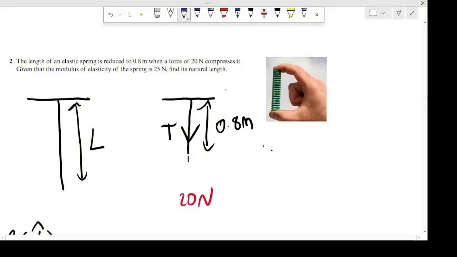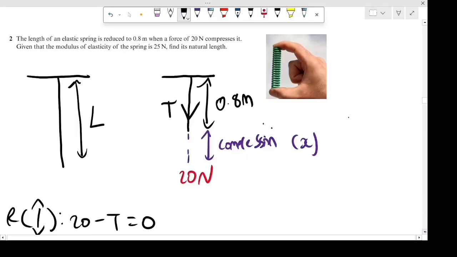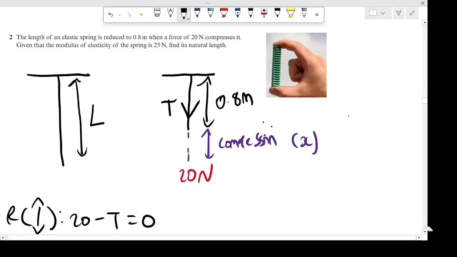This is my compression, which is X. Now, hopefully you can visualize that the natural or original length L is going to be the compression X added with 0.8 meters. Hopefully happy with that.